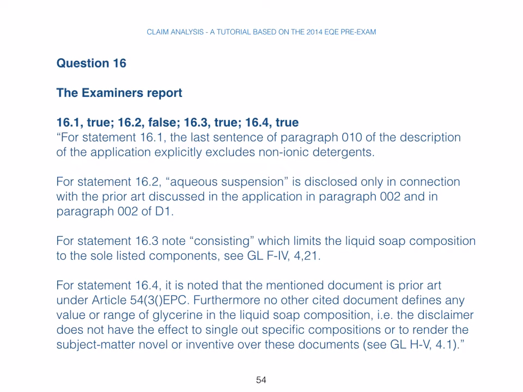Furthermore, no other cited document defines any value or range of glycerin in the liquid soap composition, i.e., the disclaimer does not have the effect to single out specific compositions or to render the subject matter novel or inventive over these documents. See guidelines H Roman 5 4.1.